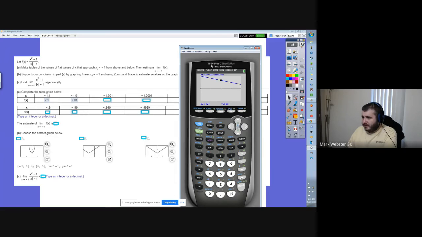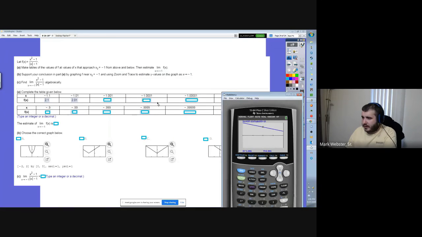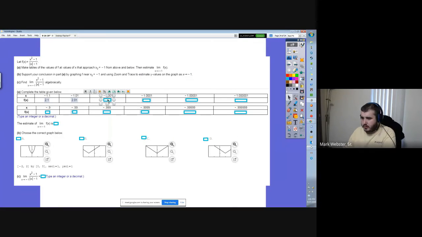And the point isn't to just keep going for a while. You're going to notice a pattern. See how it's approaching 2? That's on purpose, right? So we keep going and going, and it's approaching, and it's approaching. We're getting a pretty good idea of what's happening, right?